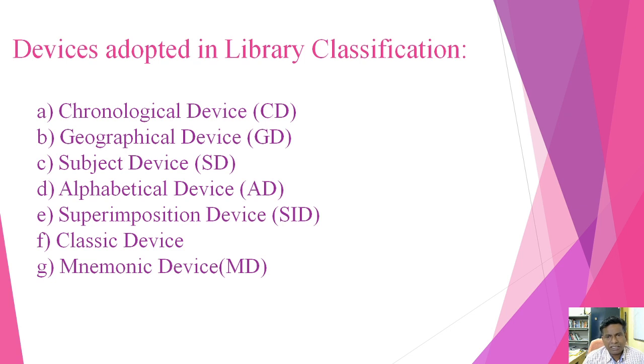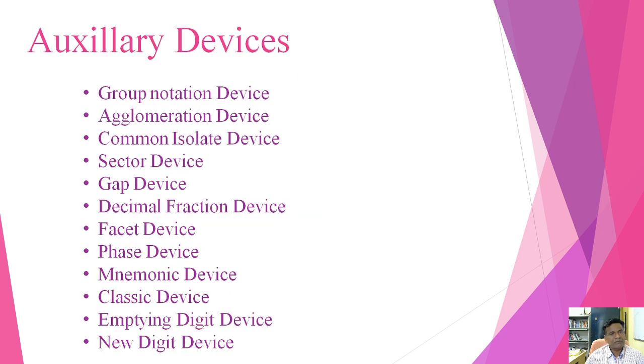Devices adopted in library classification, there are many devices. Some prominent ones are listed here: chronological device, geographical device, subject device, alphabetic device, superimposition device, classic device, and mnemonic device. Some more devices are there. They are categorized as auxiliary devices, and some devices you can see overlapping in the list here.